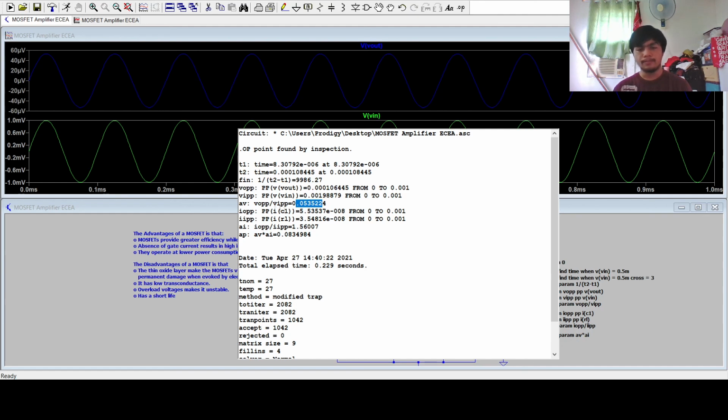For the current output and input, we have these values and its current gain will be 1.56007. Now for the power gain, it was multiplied by the voltage gain and the current gain, equal to 0.0834984.